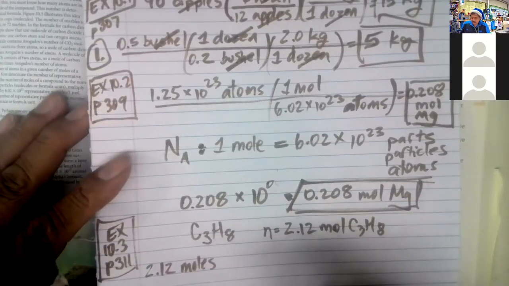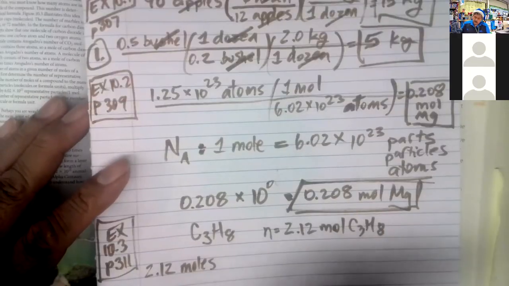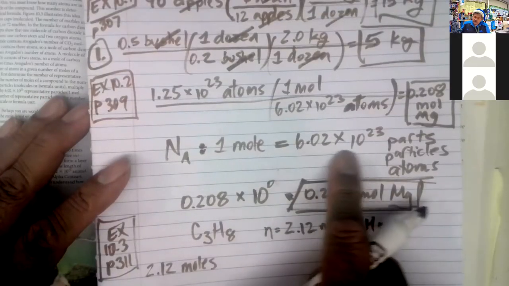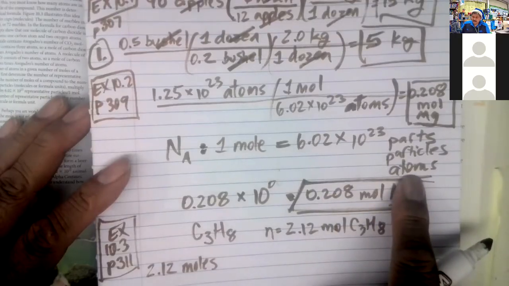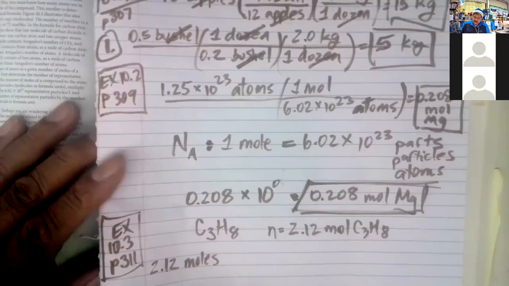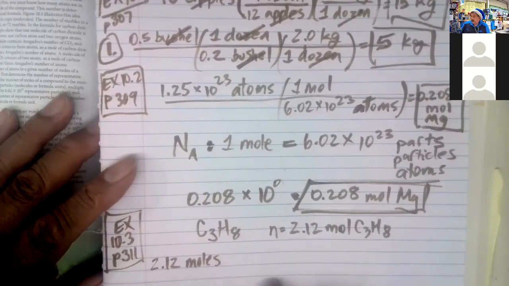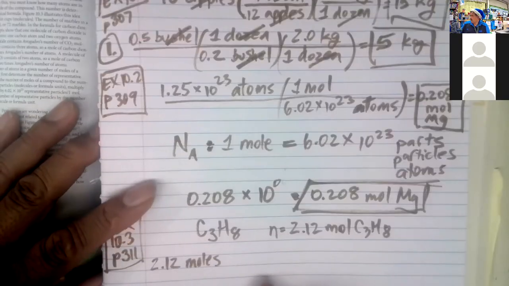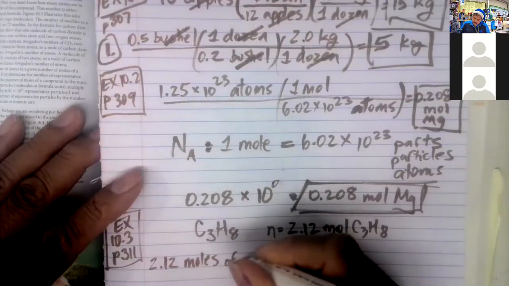Okay, and I also know that in 1 mole, you have 6.02 times 10 to the 23rd atoms, you could say. And so what we'll do is we'll figure out how many particles you have, but then you got to understand, and I'll write moles of propane.